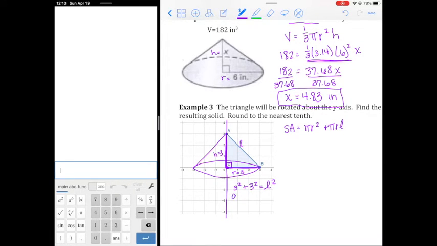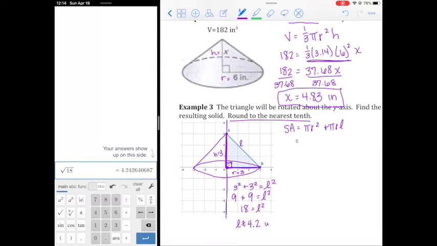So 9 plus 9 equals L squared. 9 plus 9 is 18. This is not a perfect square, and we're going to round it to the nearest tenth. So the square root of 18 to the nearest tenth is about 4.2 units.